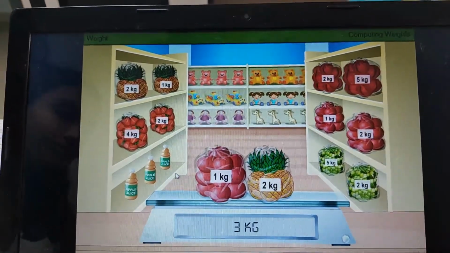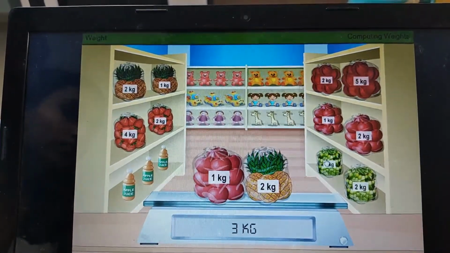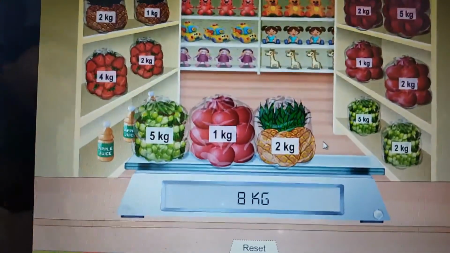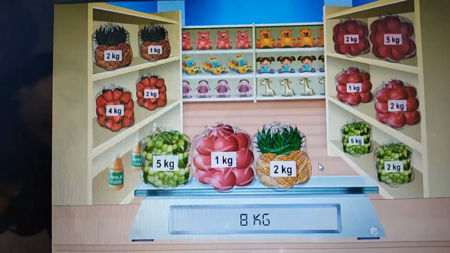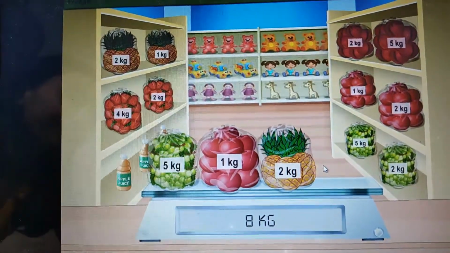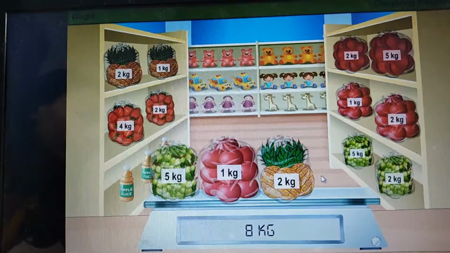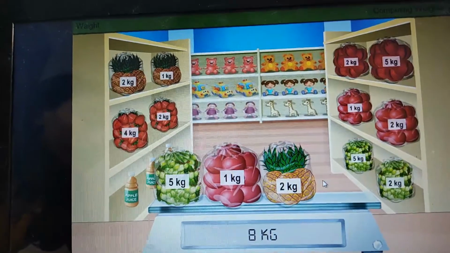Now again see, I am going to add one more bag here. Now see, the weight is 8 kg. So children, what happens when we put more bags on the weighing machine? When we put more bags on the weighing machine, the weight increases.